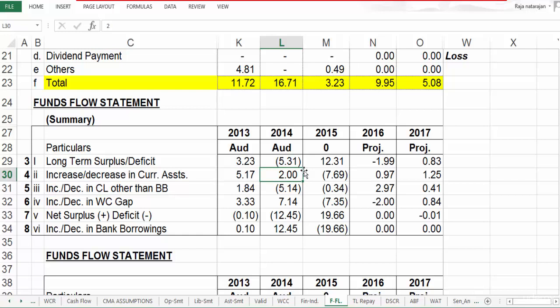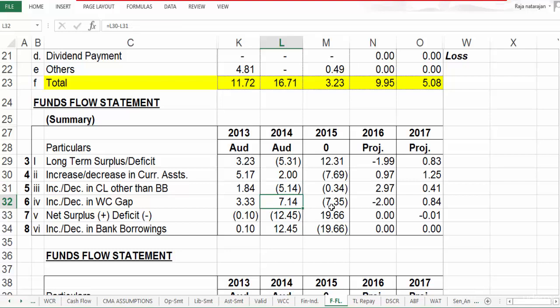So there is a demand for money. Okay, and at the same time there is a decrease in current liabilities. It means they have paid off 5.14 crore to sundry creditors or any other current liability. So on the working capital front, 7.14 crore is going out. That is 2 crore for current assets, 5.14 crore for current liabilities, 7.14 crore money is going out.